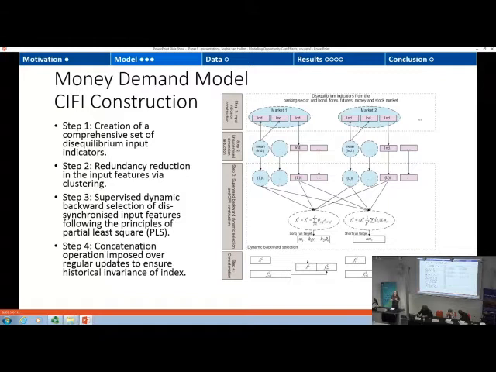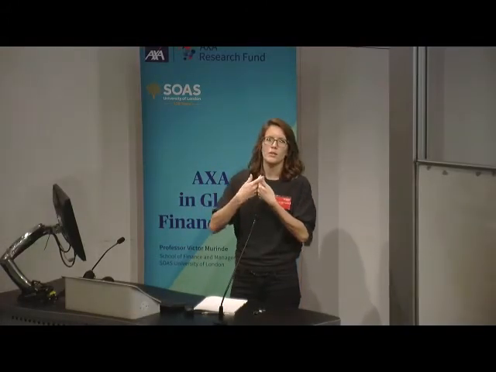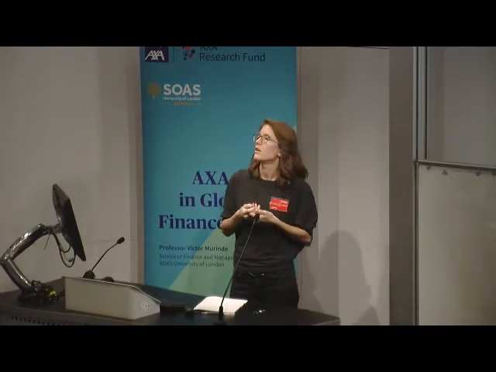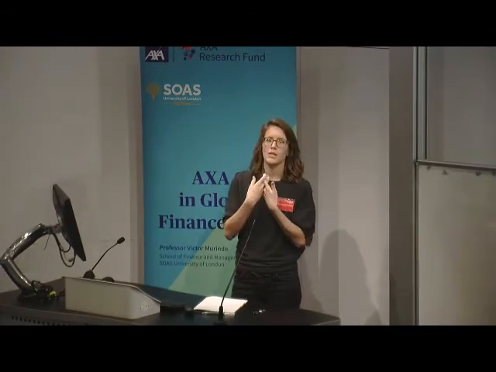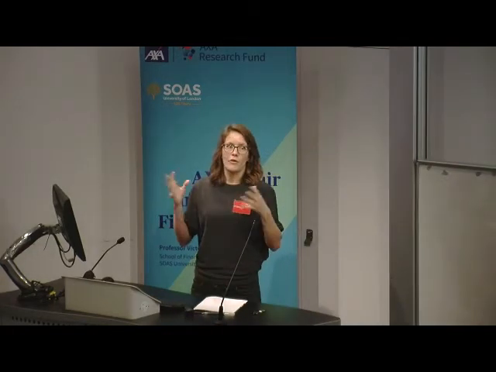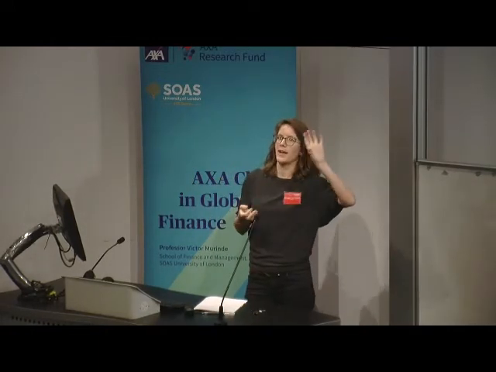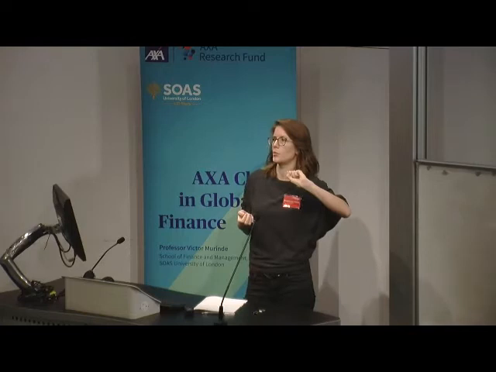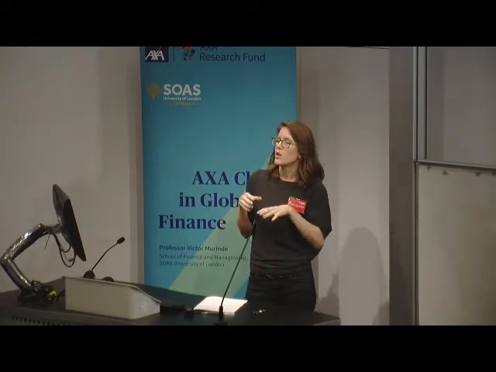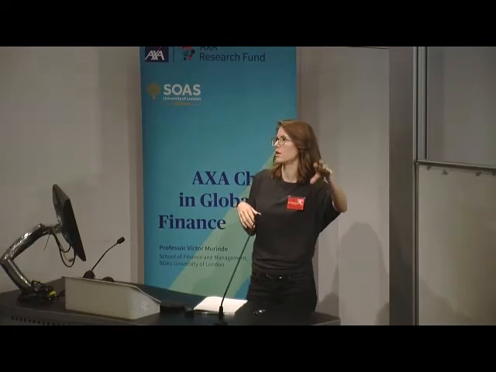Second step is redundancy reduction. This is an unsupervised learning step. Why? Because all we're doing is looking just at the input features themselves. Some input features might reflect the same financial market shock, the same disequilibrium. If you had all of these input features, and some of them reflected the same shock, once we aggregate over all of them, we would give unduly weight to that one disequilibrium or shock.